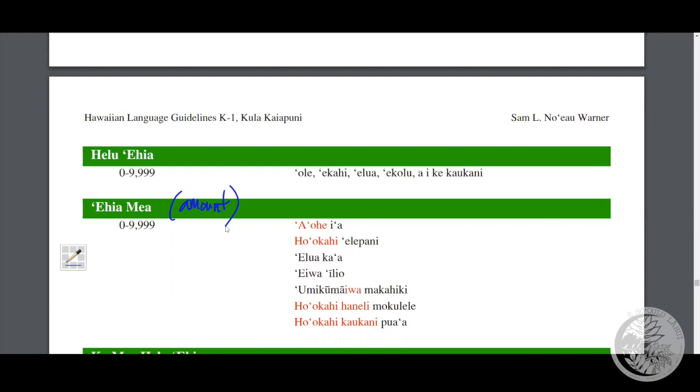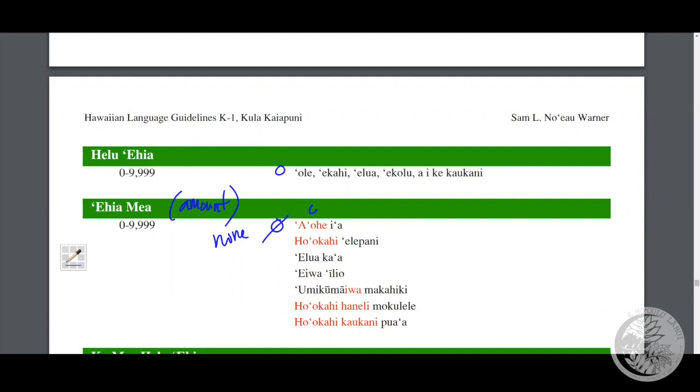Some major differences. The first thing you notice is that the representation of 0 is ole, but the representation of 0 as an amount, the idea of none, nothing exists, none, we express that with the word aohe instead of aole. So we see the example, aohe ia.